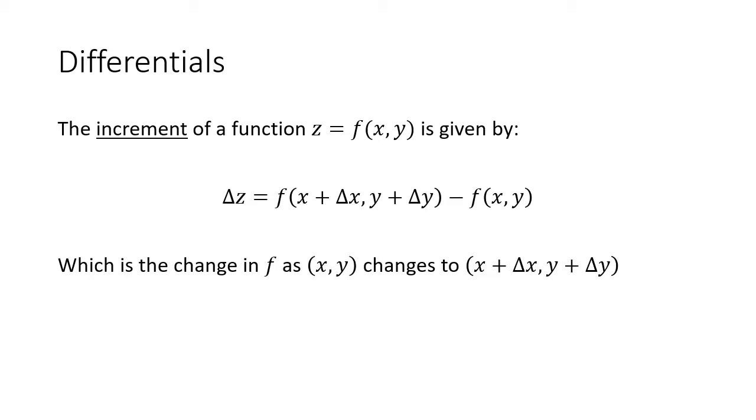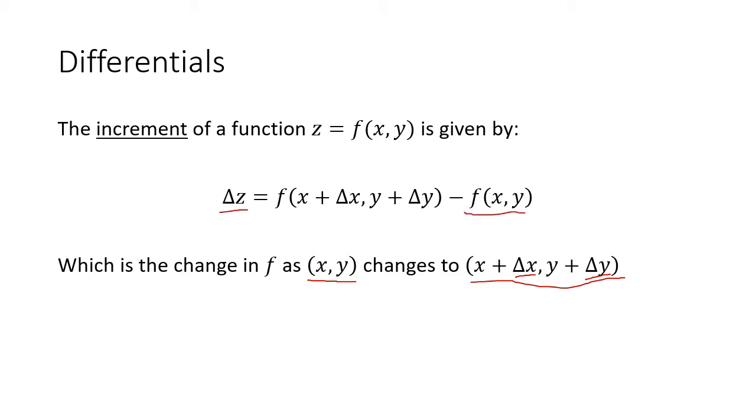The last idea has to, again, do with optimizing functions and determining, in this case, a way to approximate the increment. The increment of a function is basically how much it changes. So the idea is that as I change from my ordered pair (x, y) to some ordered pair where I'm moving over a distance of delta x and a distance of delta y, delta z, that change in z, is going to be the difference of my function evaluated at those 2 points.